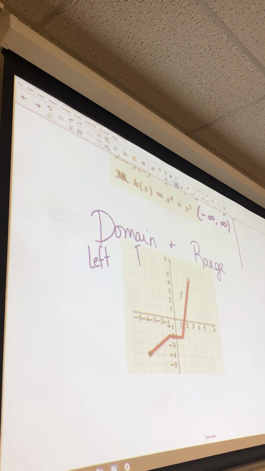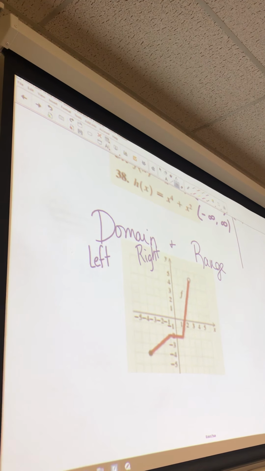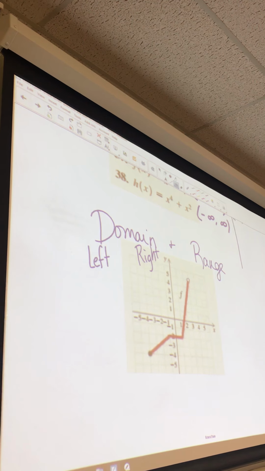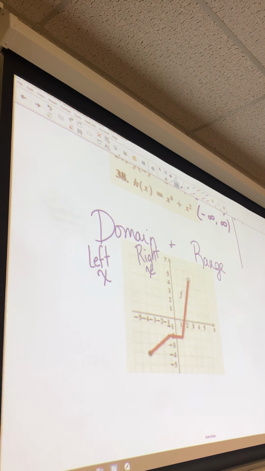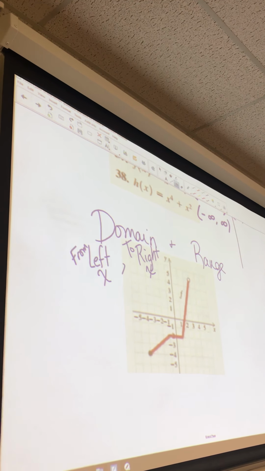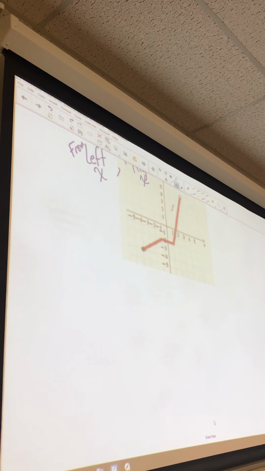And so as we're looking left and right, which numbers are we using to name it in interval notation? Yeah, exactly. So from what left x to what right x. Alrighty, so what would the answer to that question be on this particular problem?